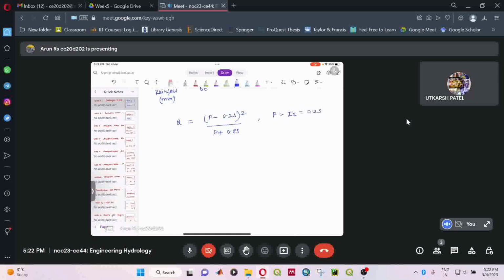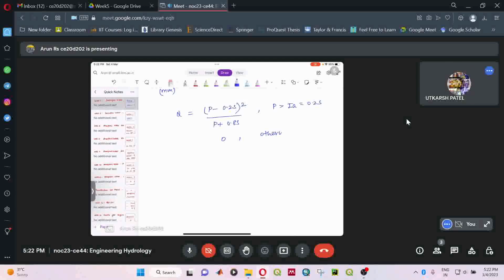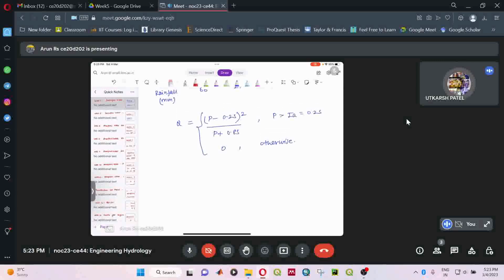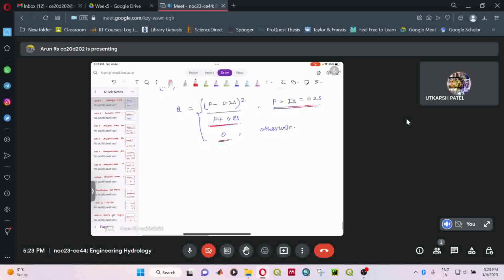Otherwise, it is 0. So this is the only thing which you need to remember. This is the most important condition. Only if your precipitation is greater than 0.2S, your runoff will be equal to this value. Otherwise, it is 0.